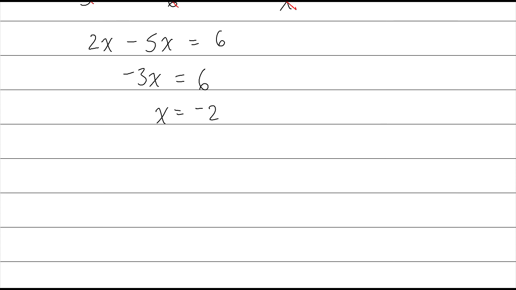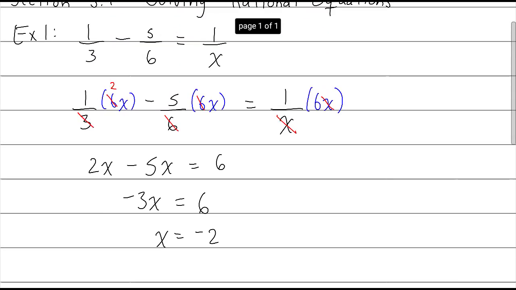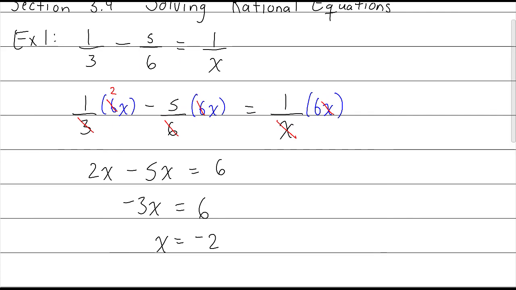So what I'm going to do is plug in negative 2 into my original equation. So 1/3 minus 5/6 is equal to 1 over negative 2. That's what we want to be true if this is a solution. I need to rewrite this right here so I can actually do that subtraction. 1/3 is the same as 2/6, just multiply the top and the bottom by 2.